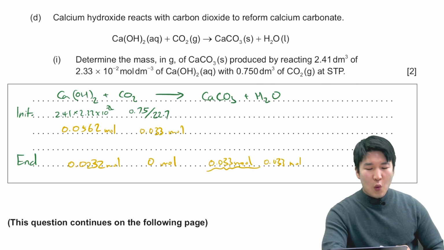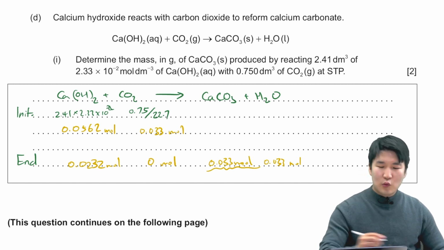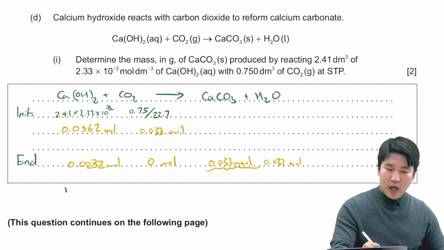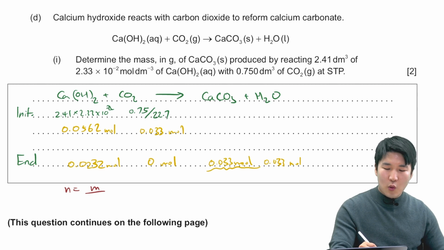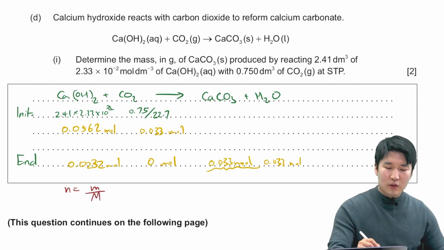Our answer being 0.033 mole of calcium carbonate, we'll use n equals mass over molecular mass to work out the mass of calcium carbonate, our product.